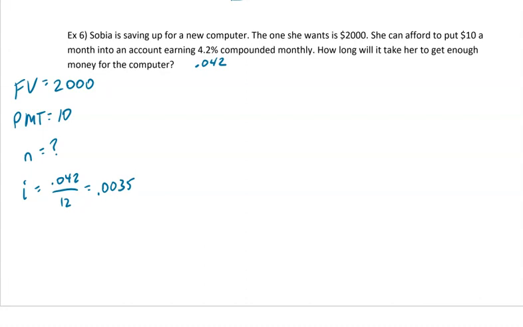All right, we're trying to solve for N. So if we go ahead and look at that formula, N equals natural log of FV over PMT times I plus 1, all of that on top, the natural log of 1 plus I on bottom.